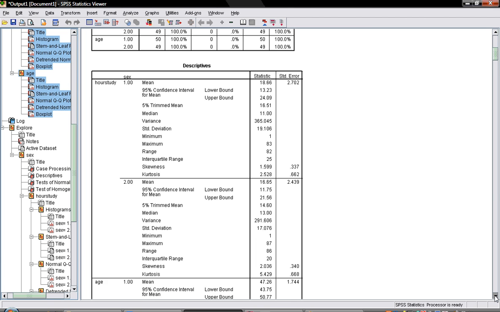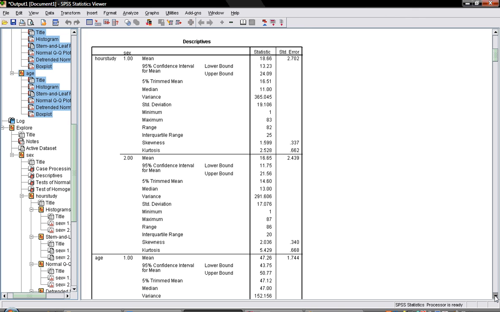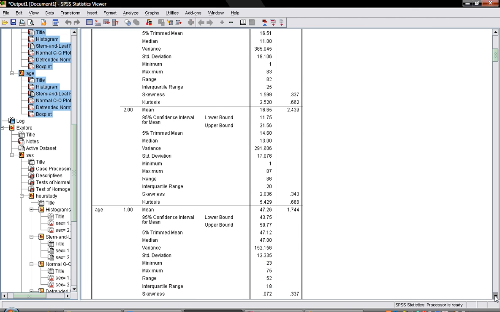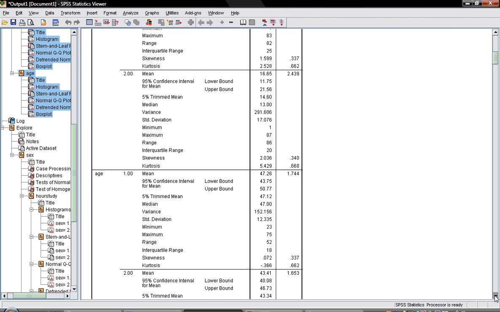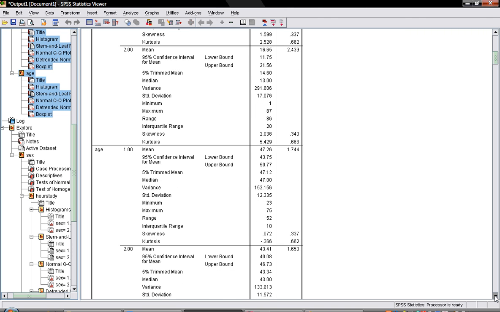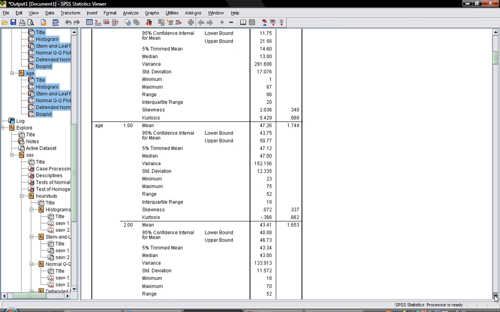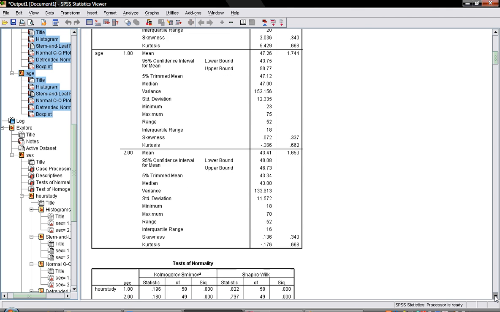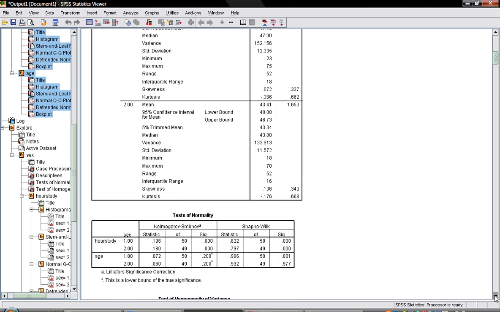However, for age, the skewness and kurtosis are not hugely increased from 0, which is normal for a normal distribution, so we can guess that they are normally distributed.